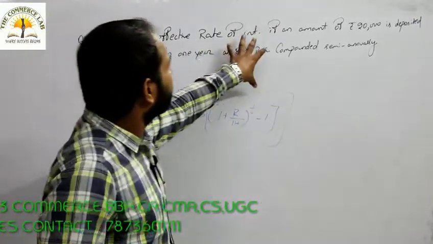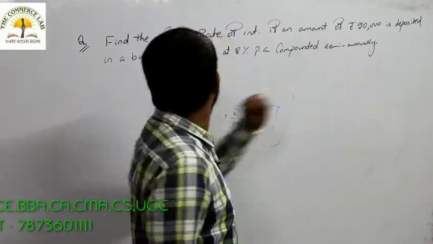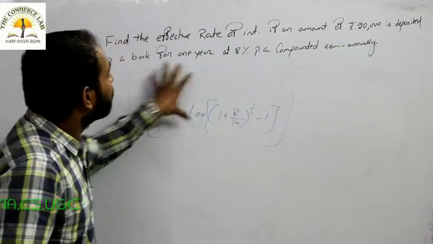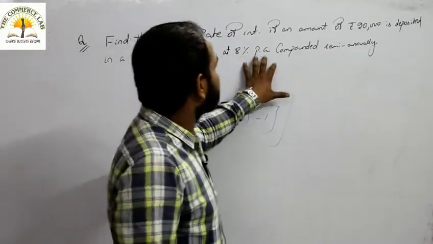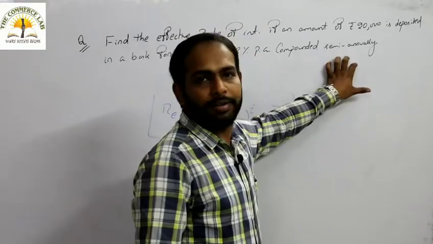Find out the effective rate of interest if an amount of 20,000 is deposited in a bank for 1 year at 8% per annum compounded semi-annually.